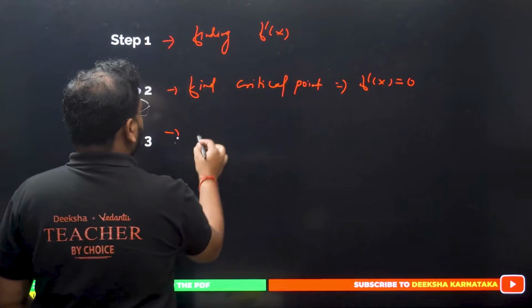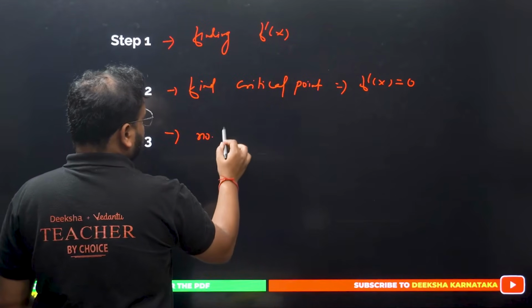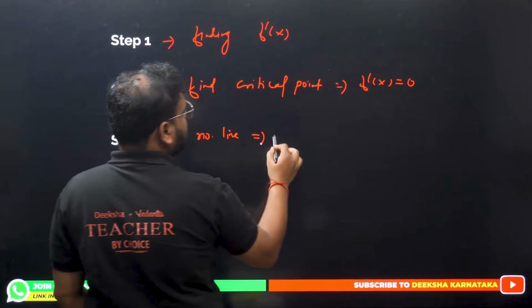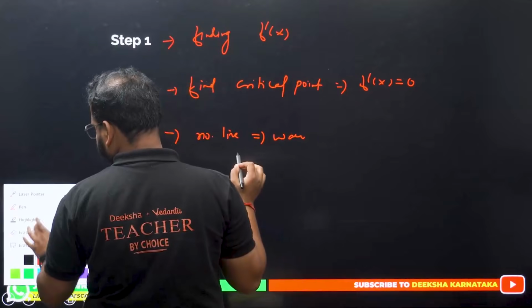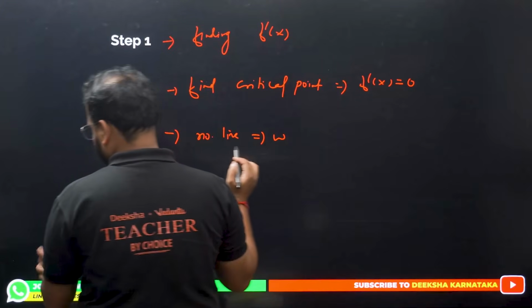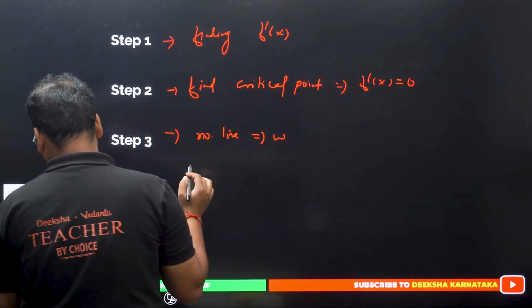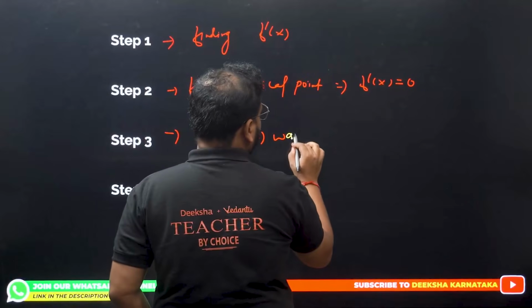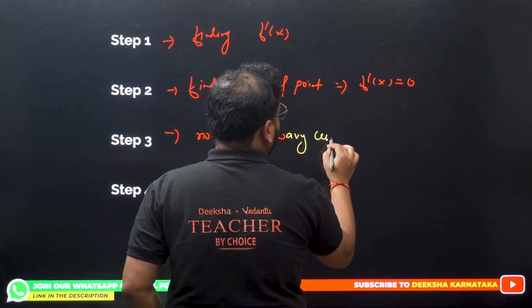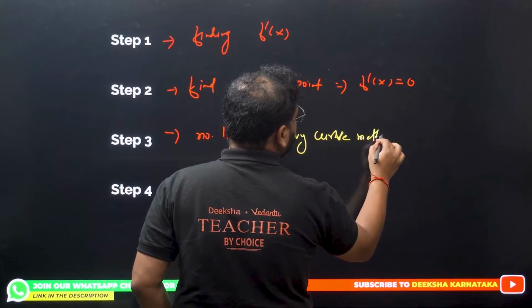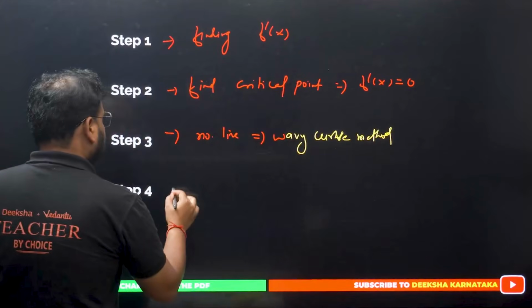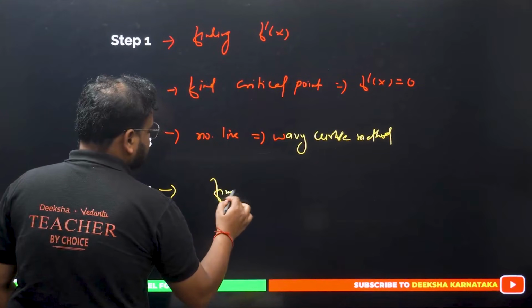Step number 3, number line. What method do you use? Wavy curve method. Basically inequalities, right? Step number 4, find intervals.